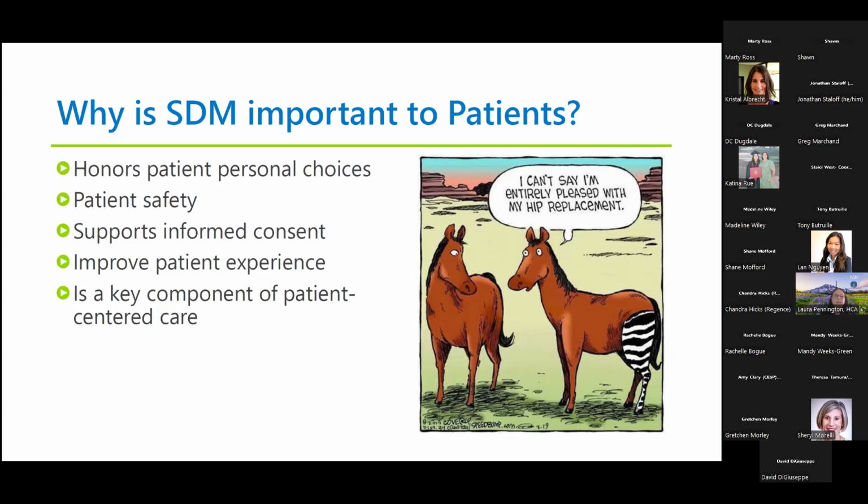It supports the informed consent process. So when patients make that decision to take a certain treatment option or not, it's clear to you as a provider what their choice is. It's been shown to improve the overall patient experience, and it's also a key component of patient-centered care. So next slide.